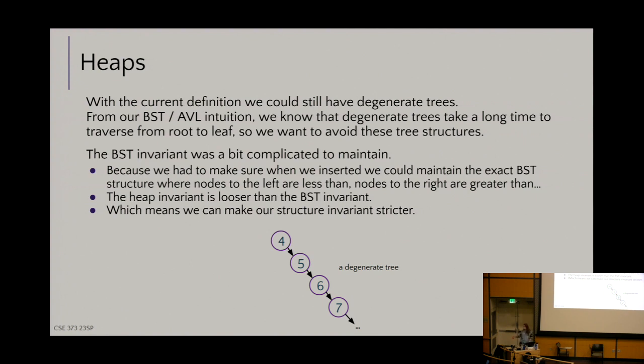We had to have all those rules for red-black trees because we were maintaining both the binary search property and a balance property, and the binary search property is stricter than the heap property. But since the heap property is a little looser, we can end up with looser structural invariants as well to maintain a more balanced tree.